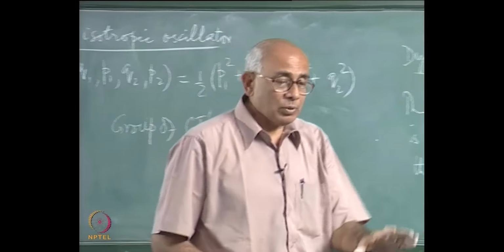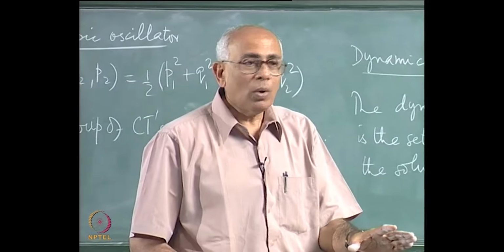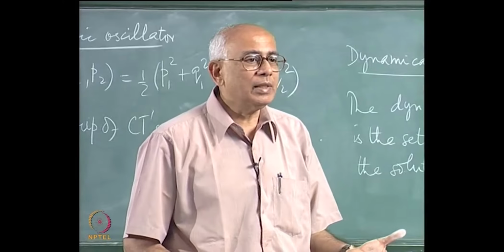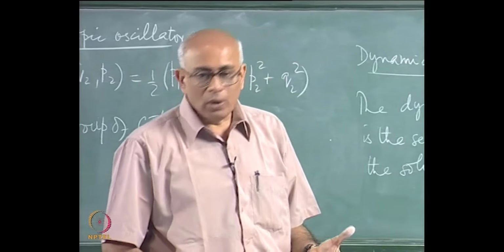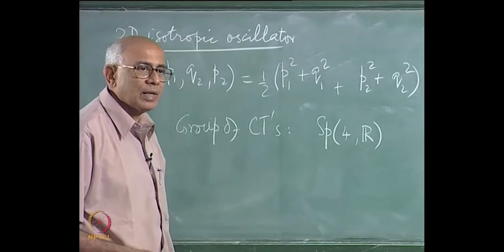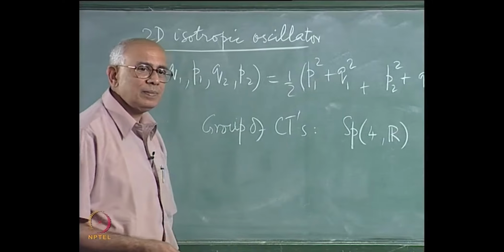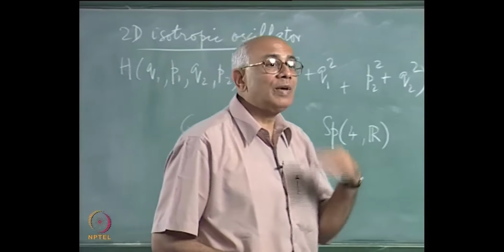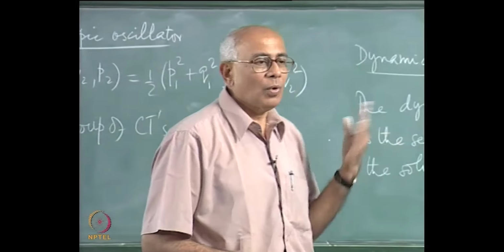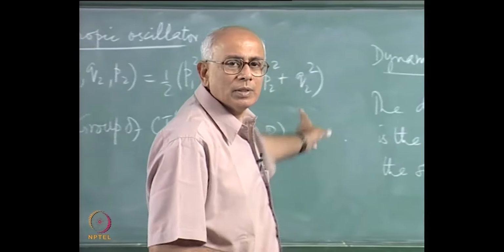If I have x squared plus y squared plus z squared in 3 real variables x, y, z, what group of transformations leaves this unchanged? All rotations about the origin leave it unchanged in the 3 dimensions x, y and z. What leaves this unchanged? All rotations in phase space, in this 4-dimensional phase space, all possible rotations about the origin would leave this unchanged.